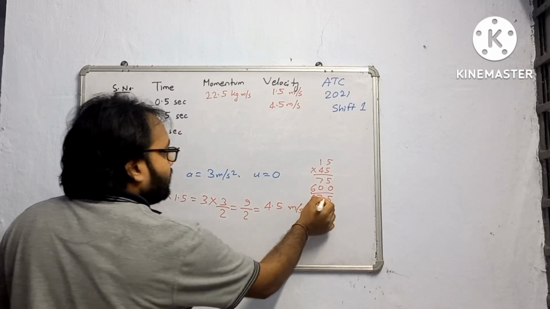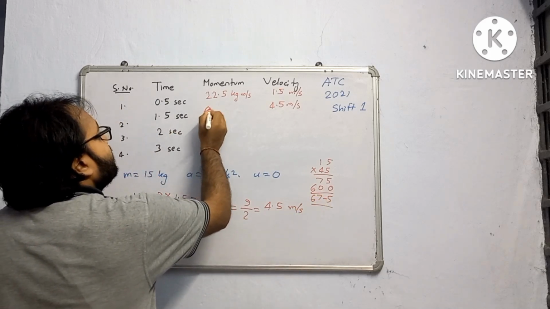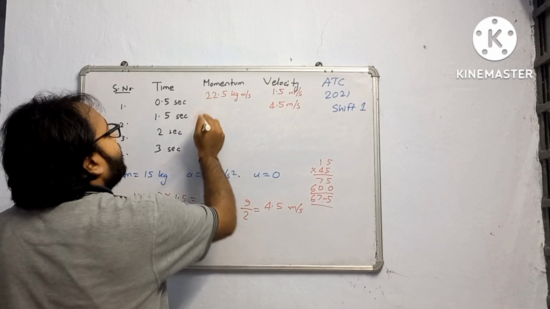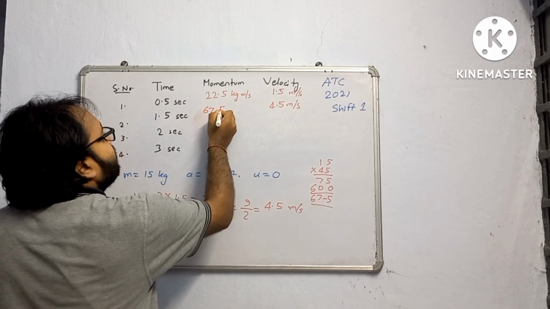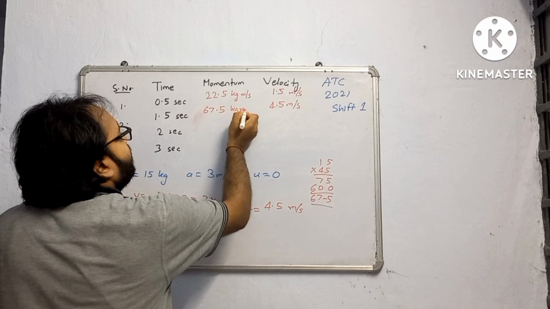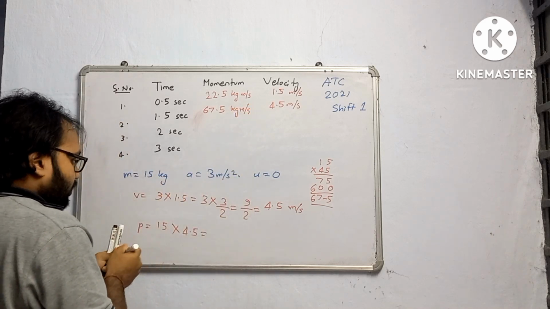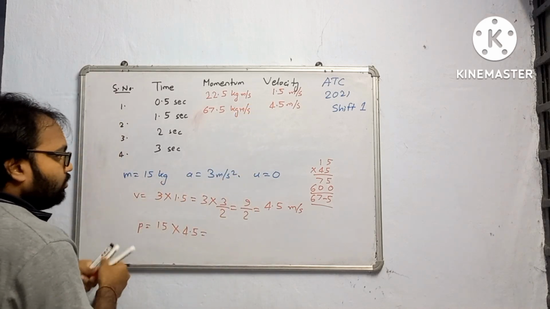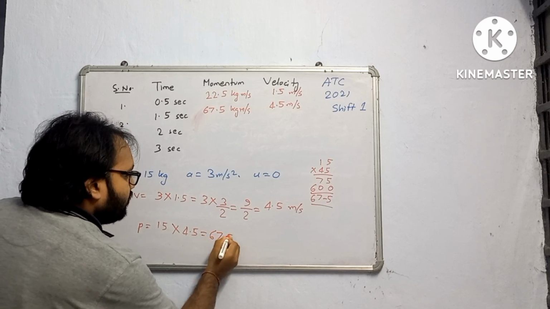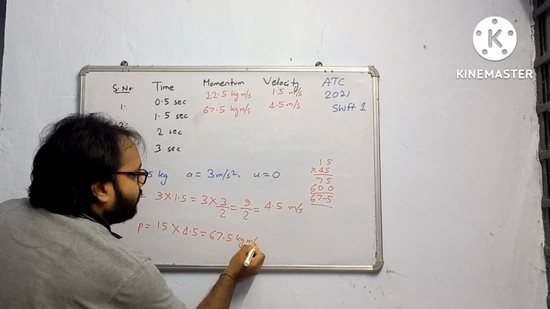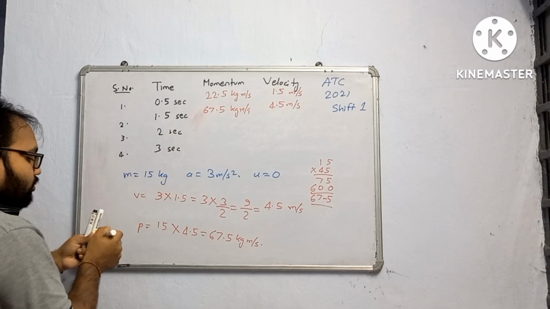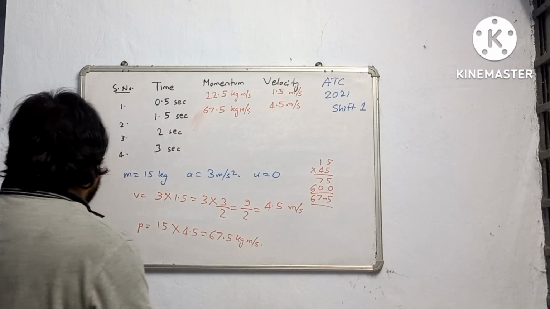So it will become 67.5 kg meter per second. I will erase this. Moving over to the third one, that is 2 second.